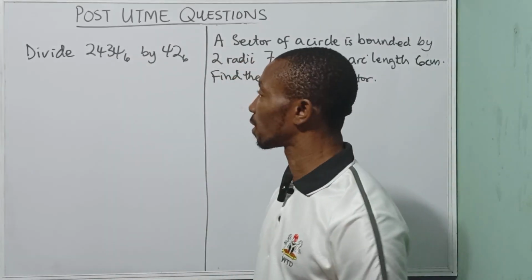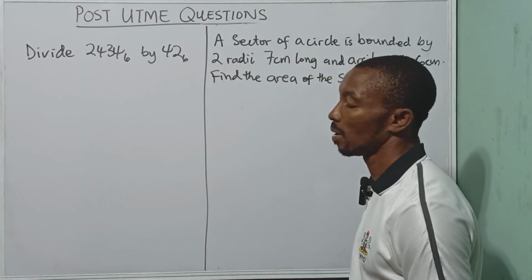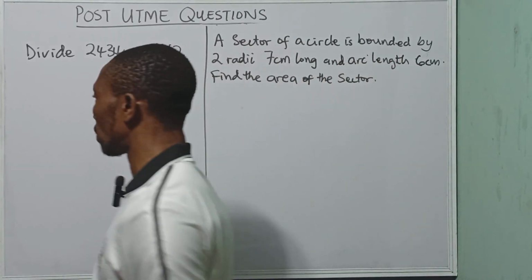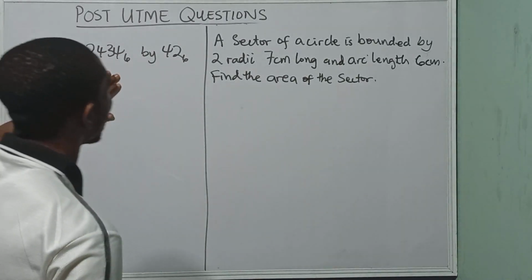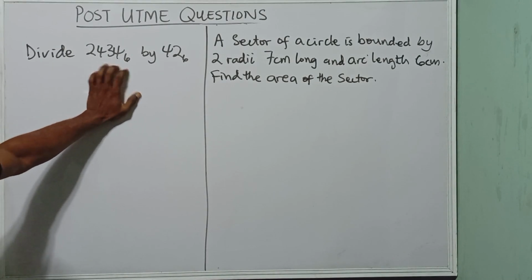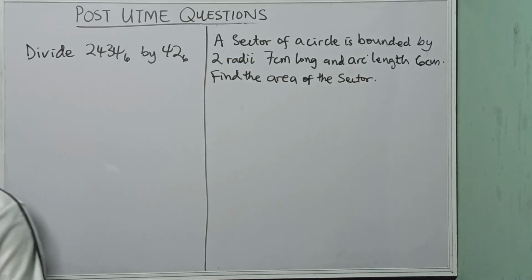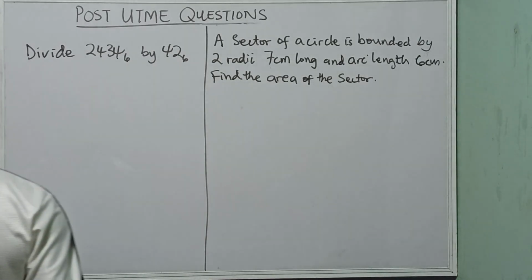Our next question says, divide 2434 base 6 by 42 base 6. Now, in order to divide in base 6, the easiest way is to convert from base 6 to base 10, then divide and re-convert.